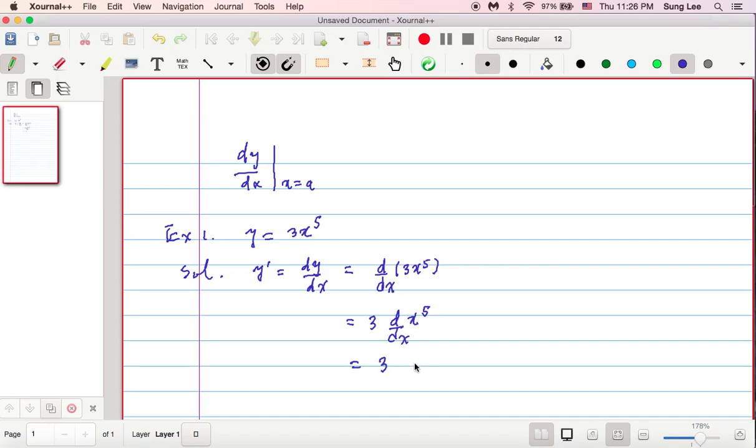By using the power rule, 5 comes down, x to the power 5 minus 1. So that's going to be 3 times 5, 15x to the power 4. That's easy, right? No problem.